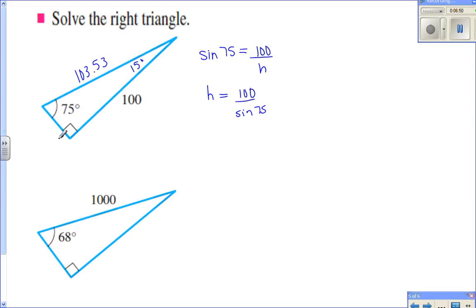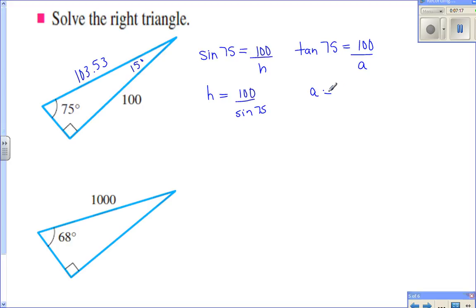Now when you go to figure out this other side, you still want to use the information they gave you, just in case this is wrong. Plus this is rounded, so it's just an approximation. We want to use what we know to be exact. So again, we have opposite, we need adjacent. So we know that would be tangent. So tangent of 75 equals 100 over the adjacent.